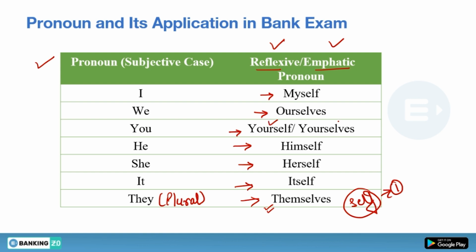Okay, yourself and yourselves both are correct: when there is a singular person or thing, you use yourself. But when they are more than one, then you have to use yourselves. Similarly, like they, you cannot use ourself, because self is used for one, so you have to use only ourselves.